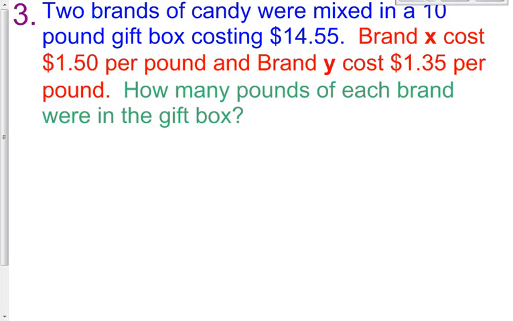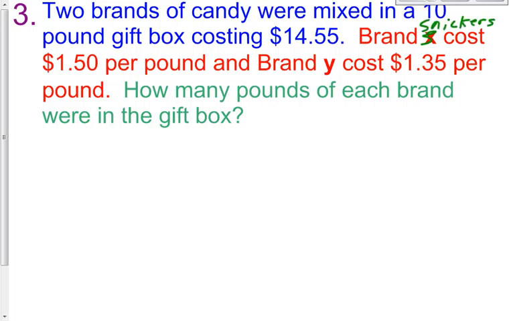So if we're going to encounter this in the real world, then we had better learn it right now, right? So we have 2 brands of candy mixed in a 10-pound gift box costing $14.55. If you were wondering, my 2 favorite candy bars are Snickers and 100 Grand. So instead of calling it brand X, we'll call it brand Snickers.